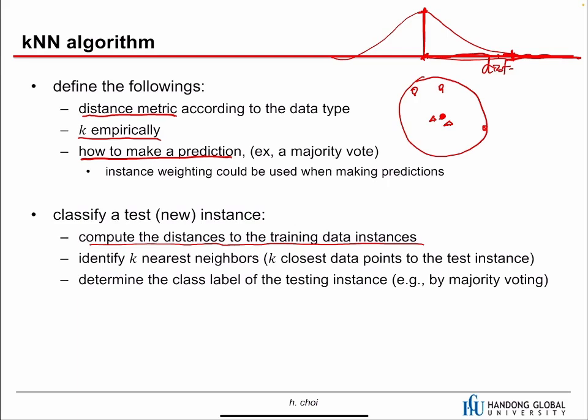That's a lot. And we have to identify the k nearest neighbors out of 1 million samples, find the k closest data points to the test instance, and then use a majority vote or some different kind of voting method.